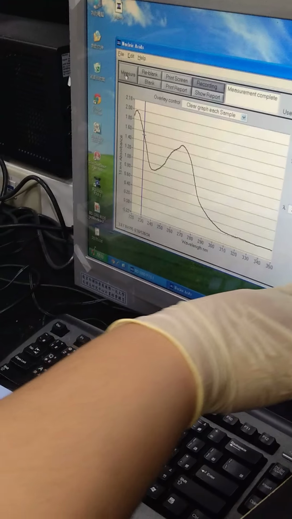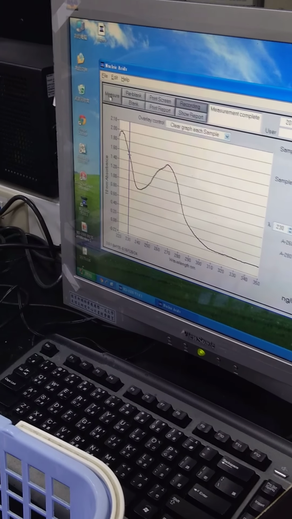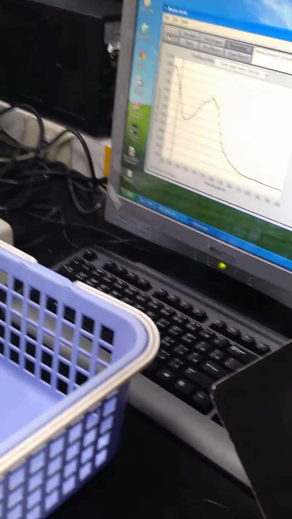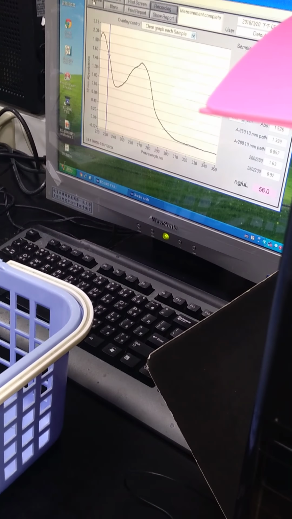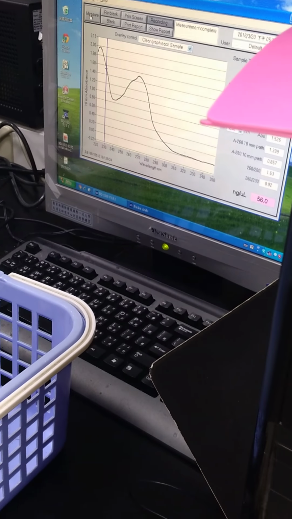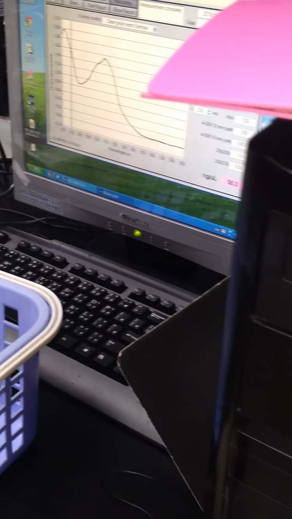But this time you can see the ratio is only 2.63. So I think maybe we can measure the rest of the samples to see. Did we mix them? Yeah, I tried to mix the samples before we measure. After drying, mix well. Yeah. Okay.